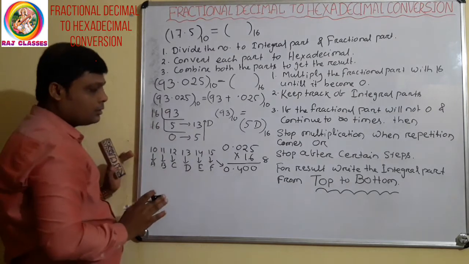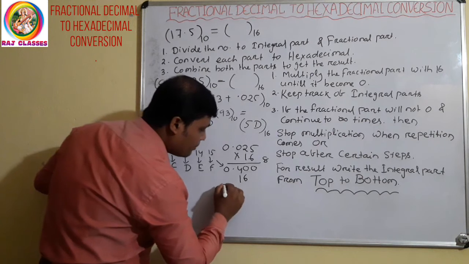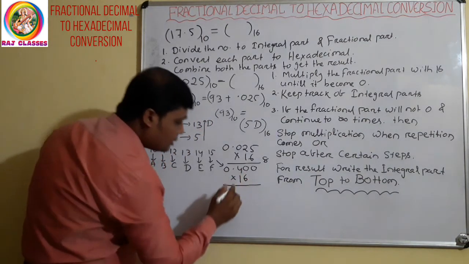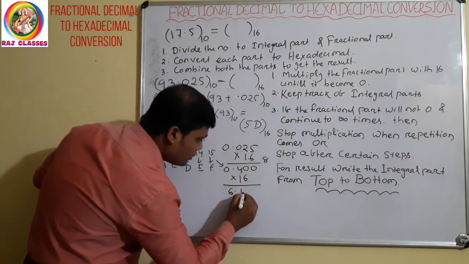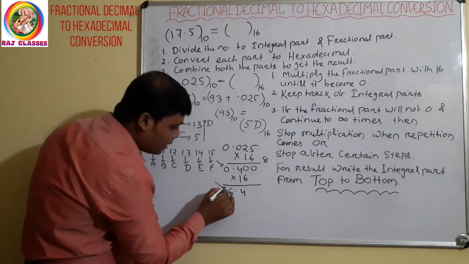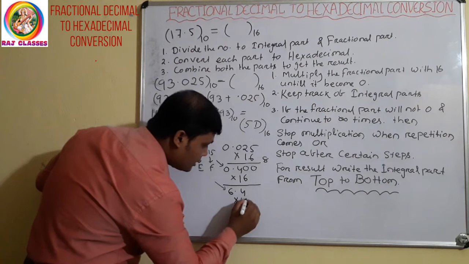We have to keep that. Again, multiply by 16. This will be 6.4. Clear? See the integral part. Again multiply with 16.